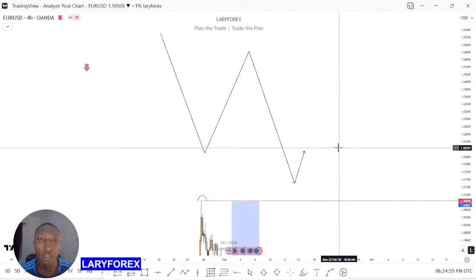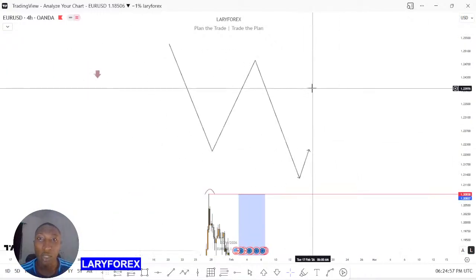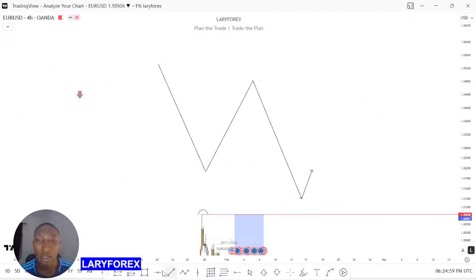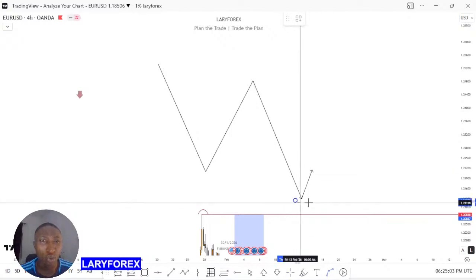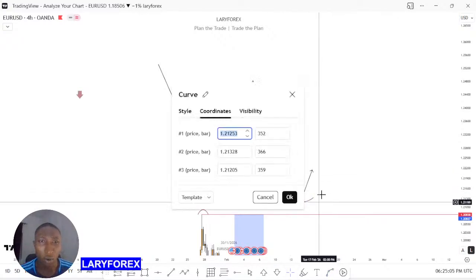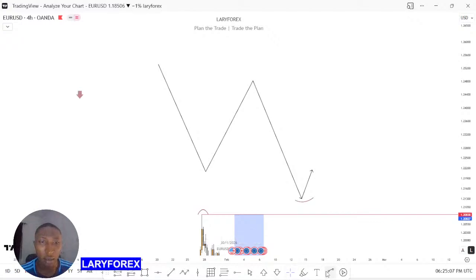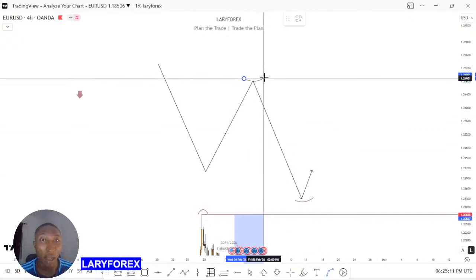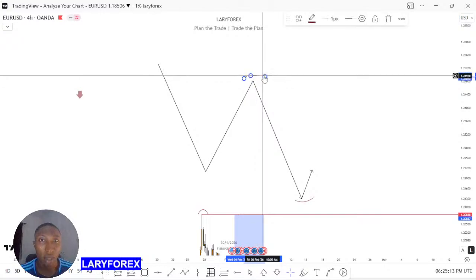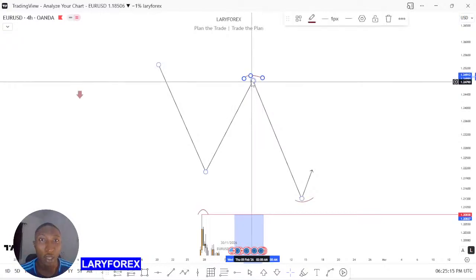Now, once we have gotten this, what we will do next is, since price has already given us a new lower low here, there now becomes a new lower high, which is our swing point A.